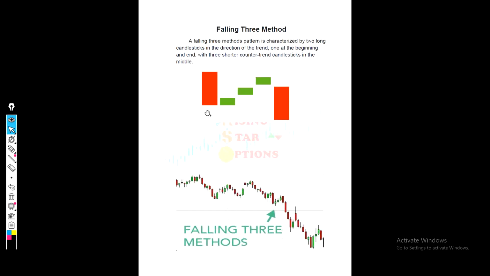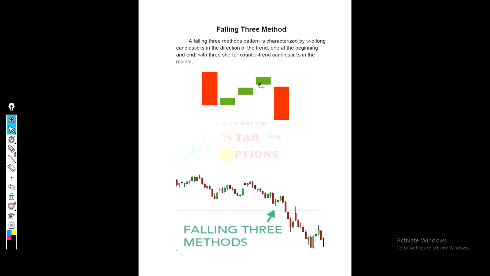The falling three method is one more chart pattern that we often get to see in any stock or price action. It is characterized by two long candlesticks in the direction of the trend, one at the beginning and one at the end. The first candle is the bearish candle.